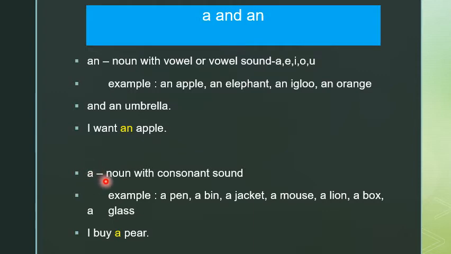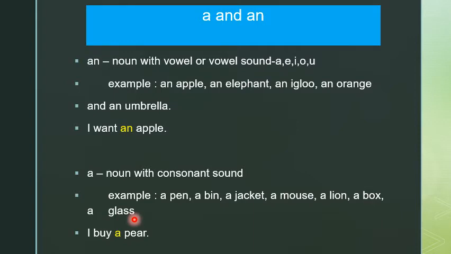Now let's look at the article a. A is used when you use a noun with a consonant sound. Consonant sound means the other sounds that start with B, C, D, F, up to Z, which are excluding the vowel sounds of A, E, I, O, U. Okay, for example, a pen, a bean, a jacket, a mouse, a lion, a box, a glass.